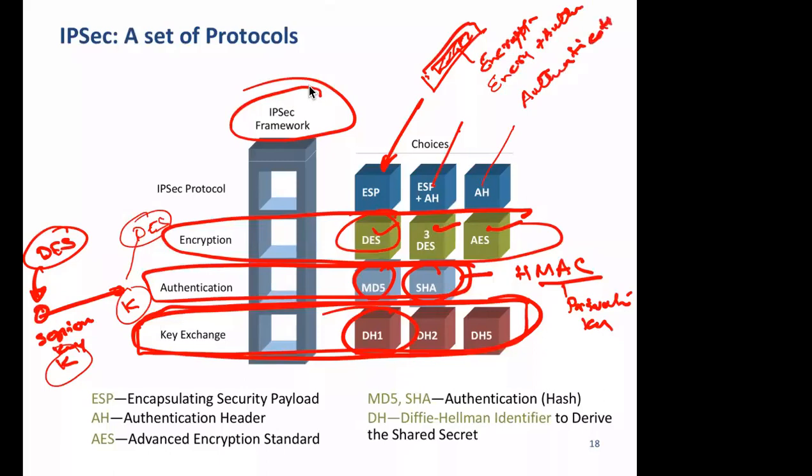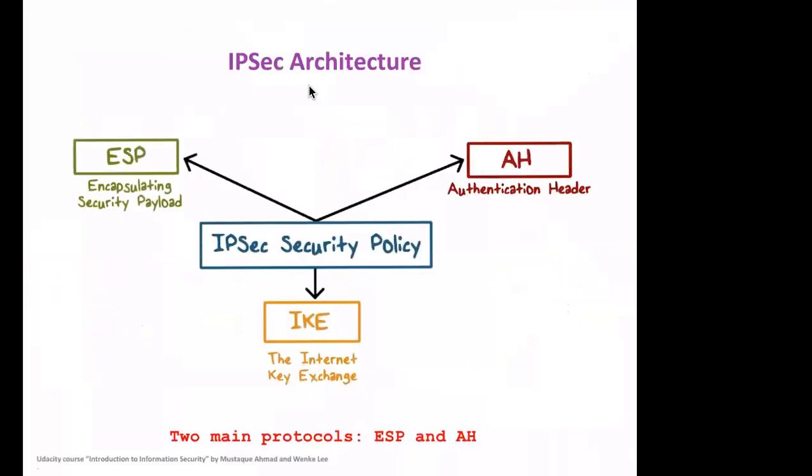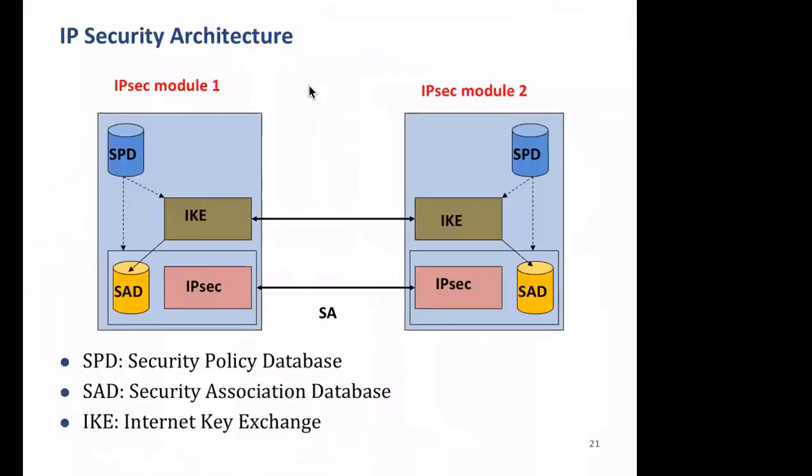Now, one exercise for you: when you look at the VPNs you use, or the VPNs available for free, see what they are using. While you may think your data is confidential, there is a possibility that they are using just authentication, and they may or may not charge you money. All right, so we have seen that there are two kinds, ESP and AH, that we have discussed in detail.